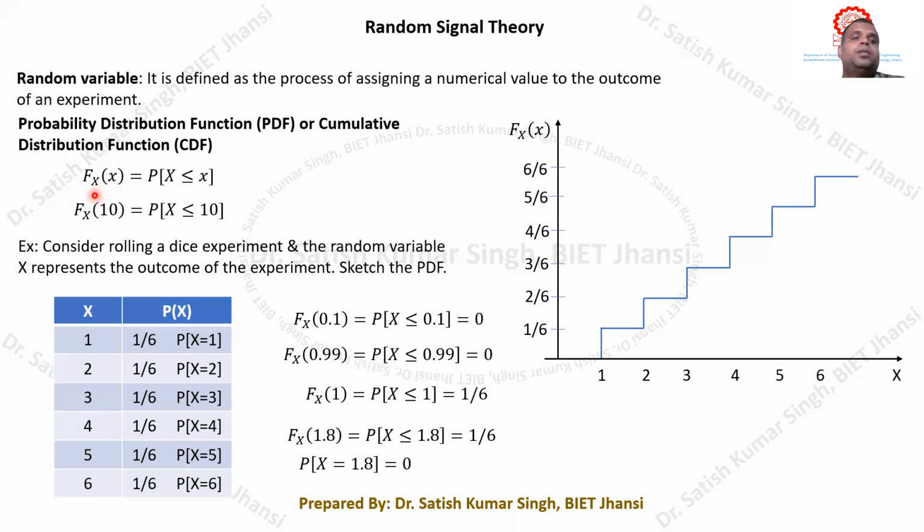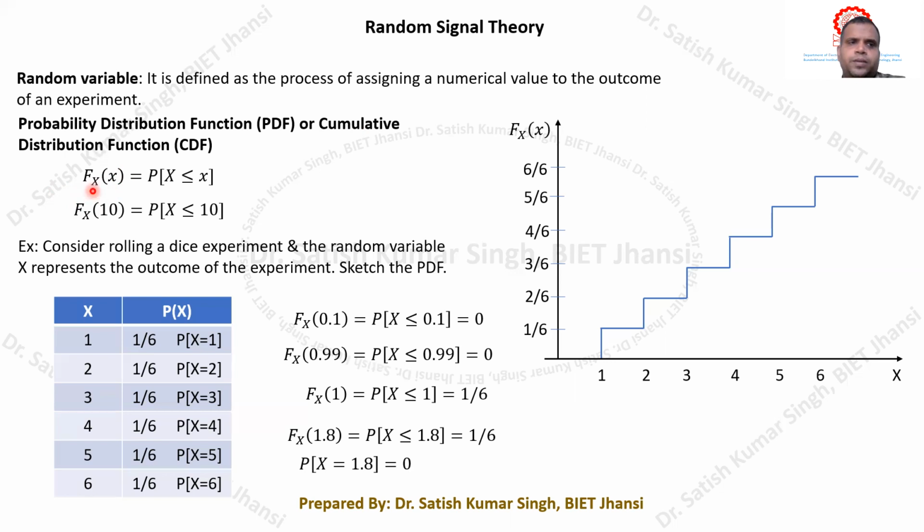Remember that this capital X denotes the random variable, the outcome of an experiment. Whatever experiment we are conducting, capital X represents that outcome, and it can assume all possible outputs.